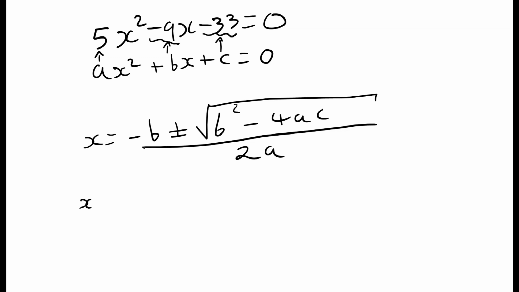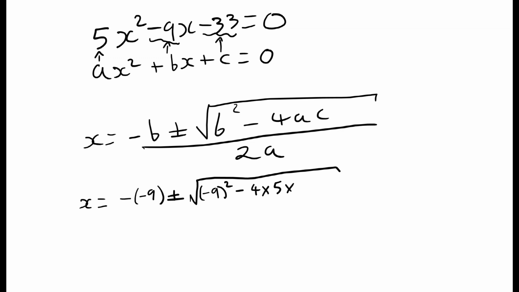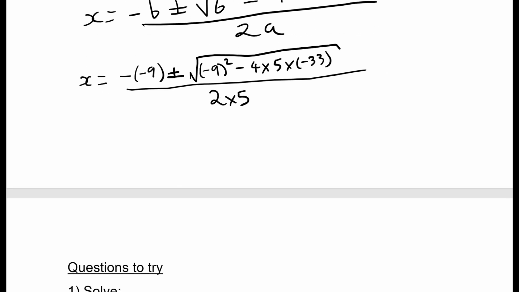So substituting these values in, I have x equals minus minus 9 plus or minus the square root, and really we ought to work out b squared first. So minus 9 all squared, take away 4 times 5 times minus 33, all over 2 times 5, giving me x equals 9, because minus minus 9 is 9, plus or minus.